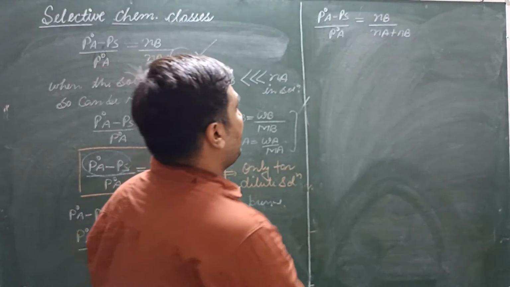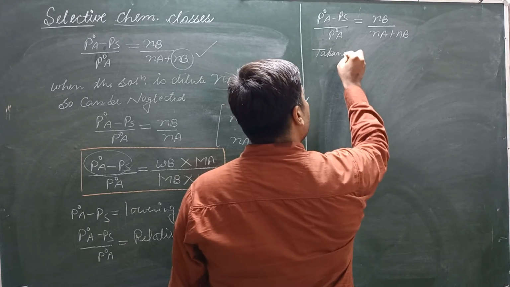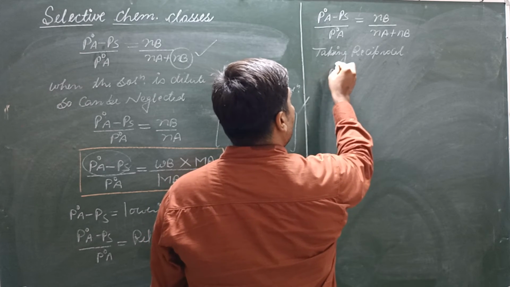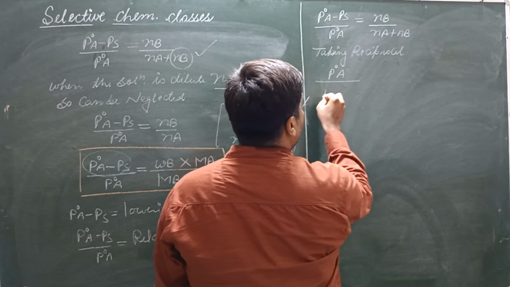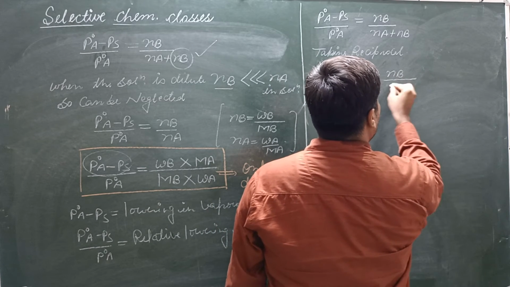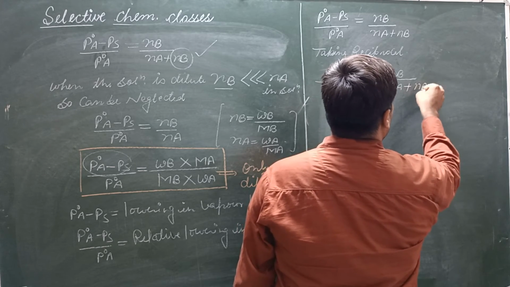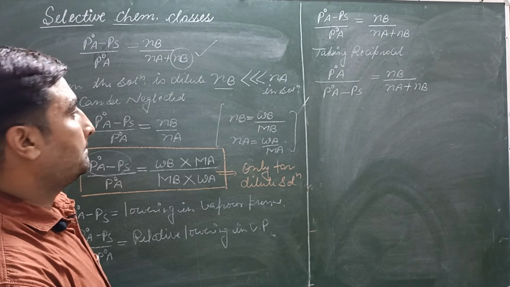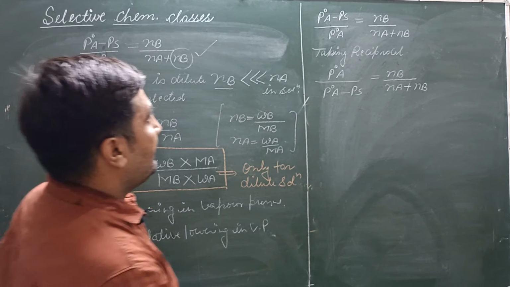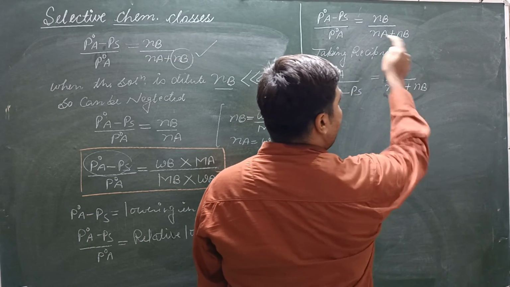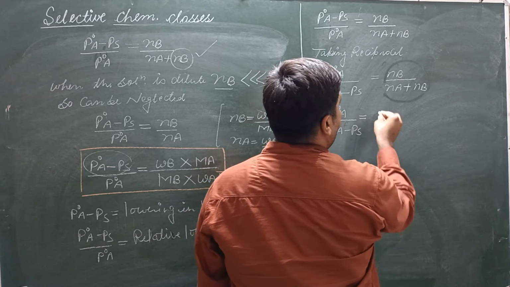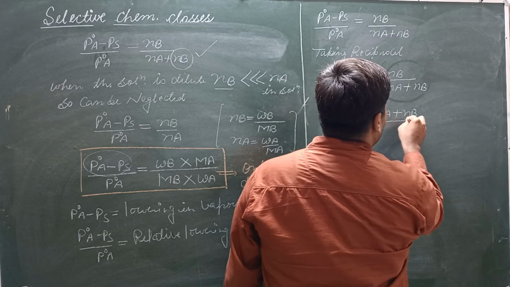Taking the reciprocal of this particular formula, we get P naught A divided by P naught A minus PS will be equal to NA plus NB divided by NB.